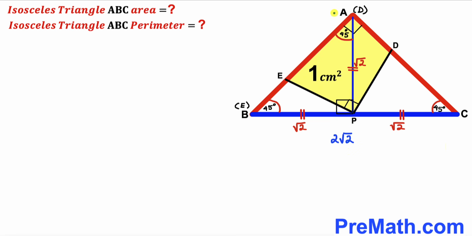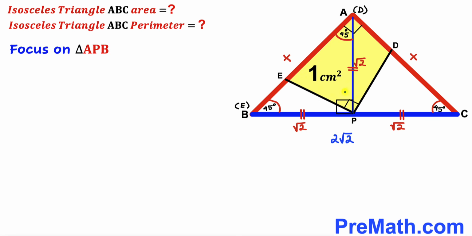So therefore now our only task is to calculate this length and this AC length as well. And I'm going to label this AB length as X, and the side AC length is going to be X as well, since we are dealing with the isosceles triangle. And now our task is to find the value of X first.